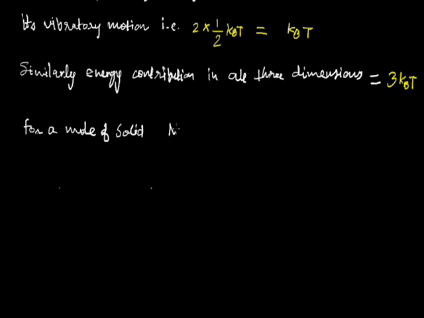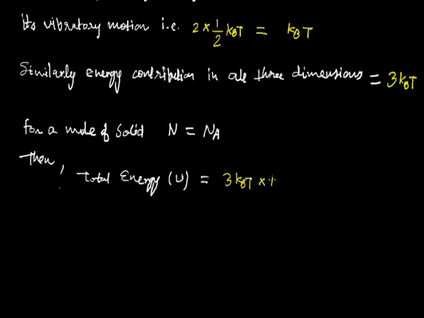So the term n will be equal to Avogadro number Na, then the total energy, that is capital U, will be equal to 3 kBT multiplied by Na, which can be rewritten further as 3RT.